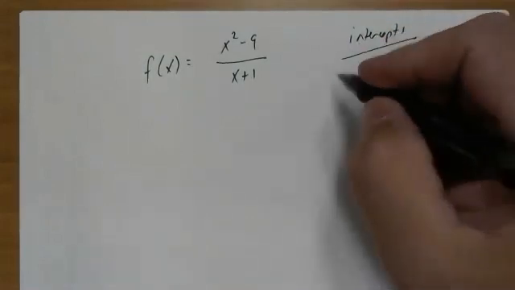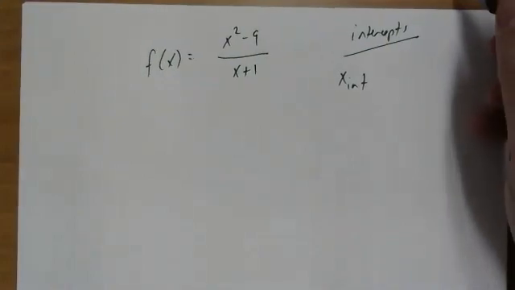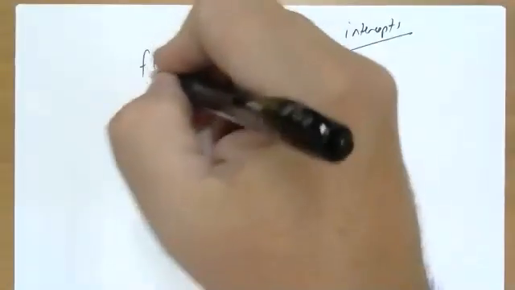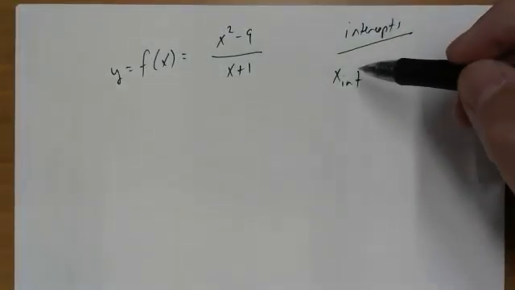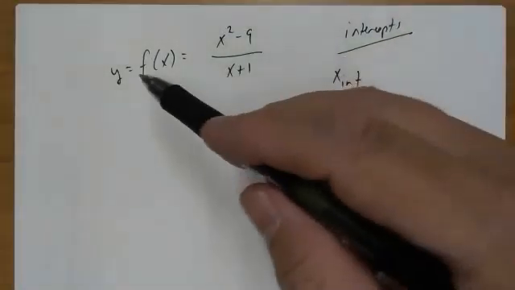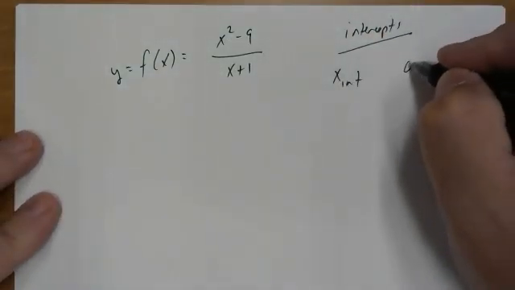Usually the progression, actually most of the time, a lot of people start with intercepts. So for the x-intercept, once again, this is review. What you do is f of x, we can also think of as y. For the x-intercept, you set y equal to 0 and solve for x.